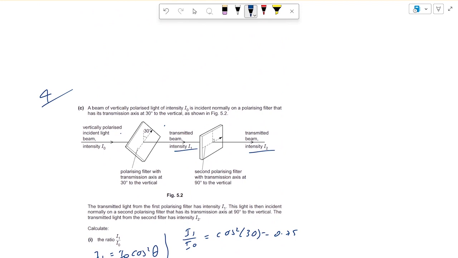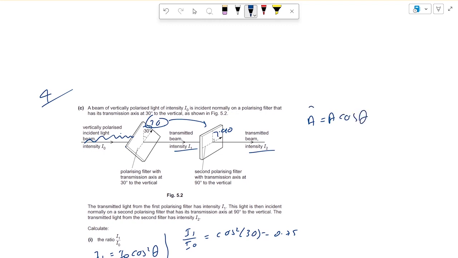And to do this, we need to subtract the angles because this is 90 degrees, whilst this angle has already been rotated 30, so we need to extract the 30 from the 90 because the beam of light that's entering the first filter has been rotated. Its amplitude has been rotated by 30 in cos theta.